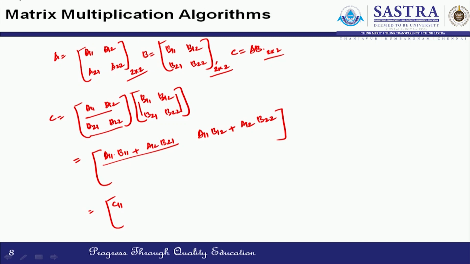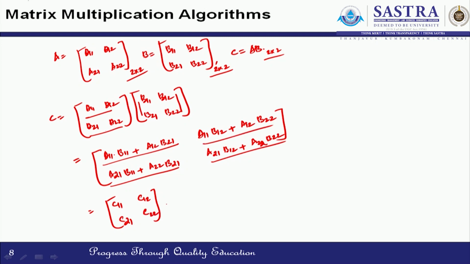Then second row, first column to obtain the element C21. That means A21 B11 plus A22 B21. Then second row, second column: A21 B12 plus A22 B22.